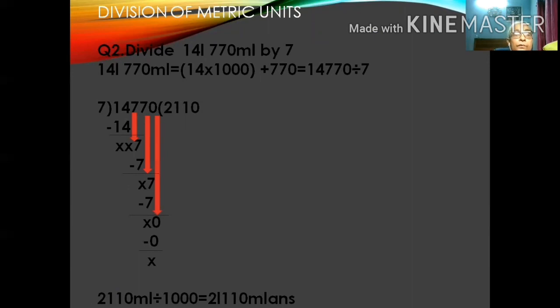Now liter and milliliter capacity, we can divide 14 liter 770 milliliter by 7. 1 liter is equal to 1000 milliliter. So 14 liter is equal to 14 into 1000 plus 770 milliliter.